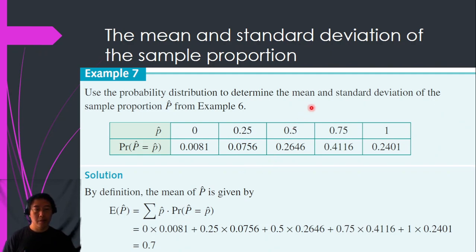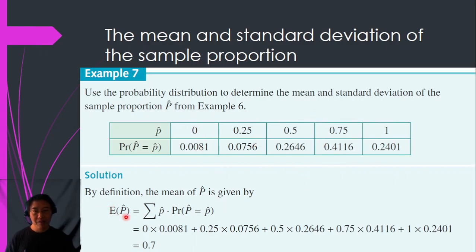Alright, so here again from the previous example we have our sampling distribution. I just want to review how to calculate the expected value of that sampling proportion, as well as the standard deviation. We're going back to what we did in the discrete random variable. So this is discrete.